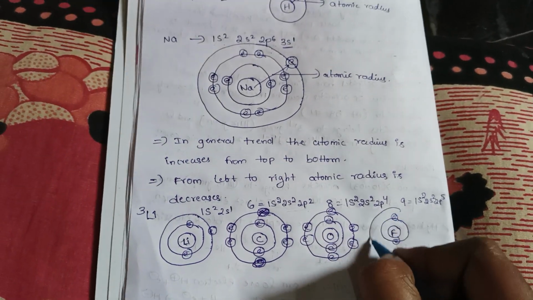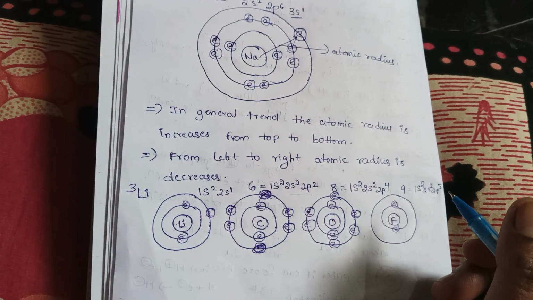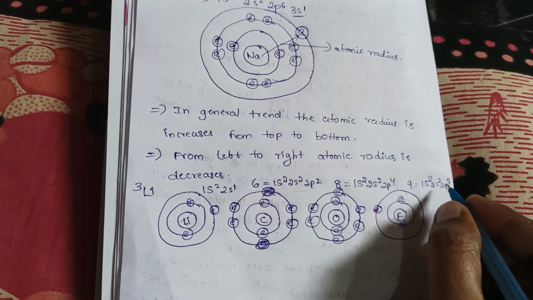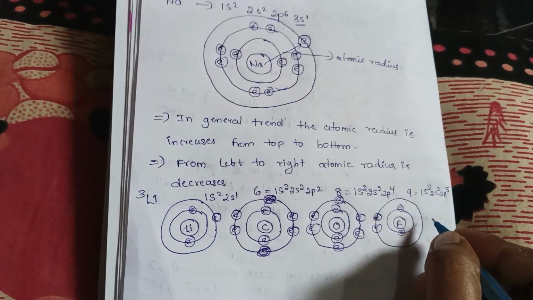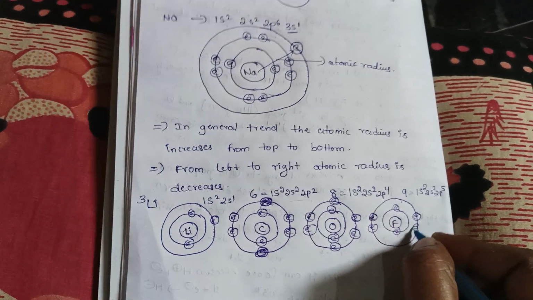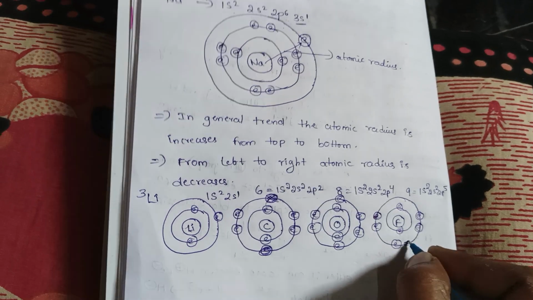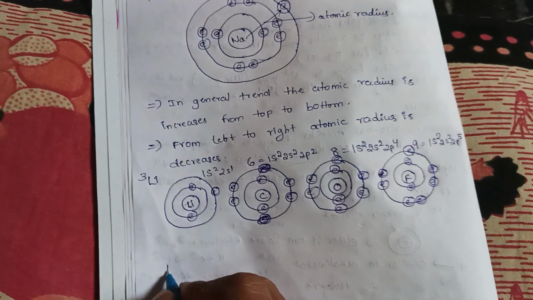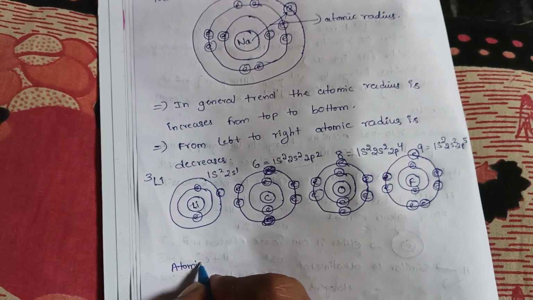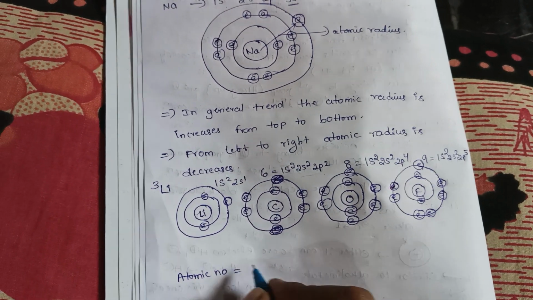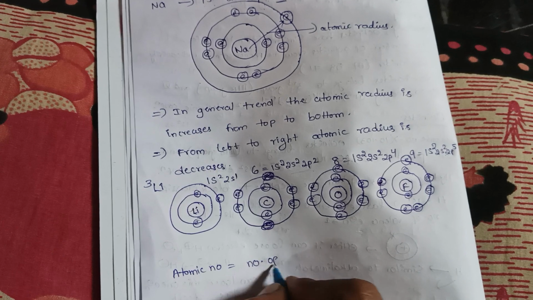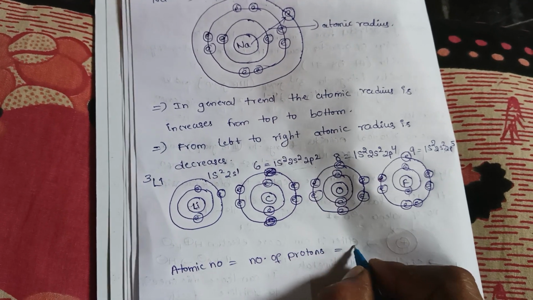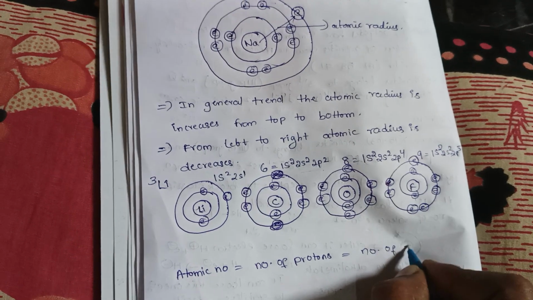Second shell has how many electrons? 7. Atomic number equals number of protons equals number of electrons.